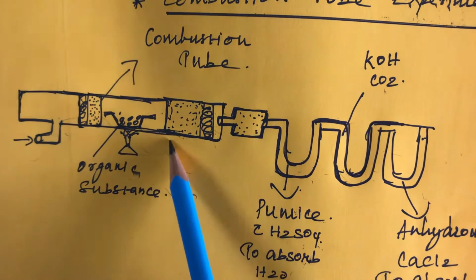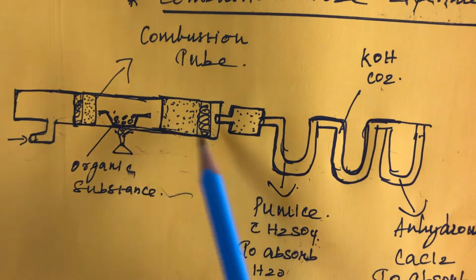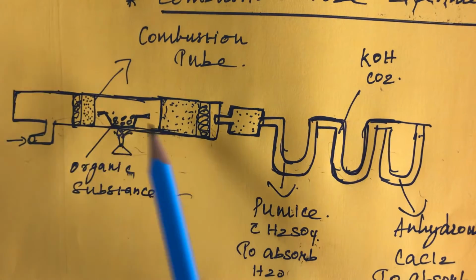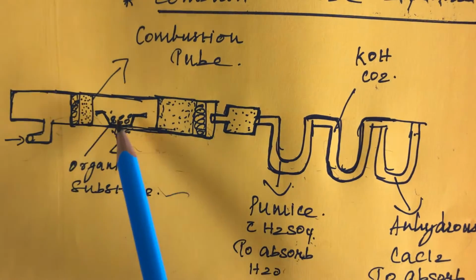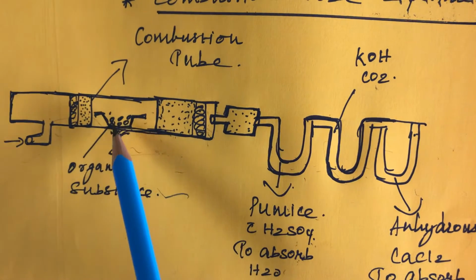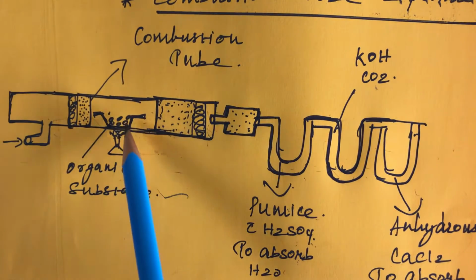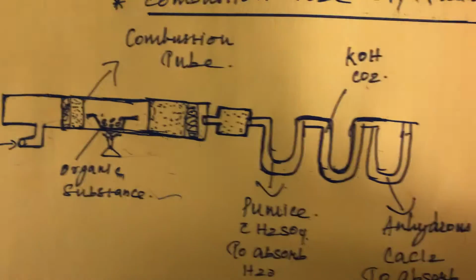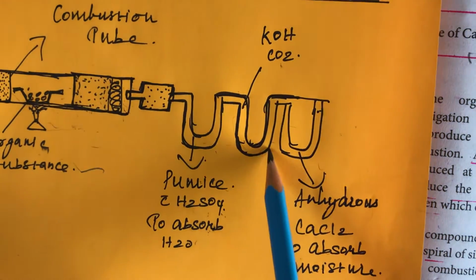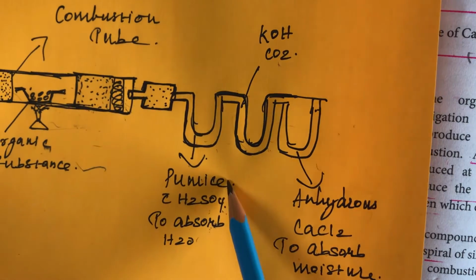The combustion tube is covered on both sides with copper gauze, and porous copper is also present. In the combustion tube center part, a porcelain plate is there where the organic compound to be estimated is burnt.